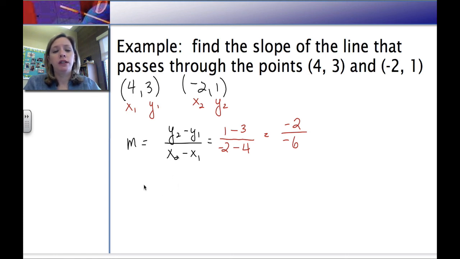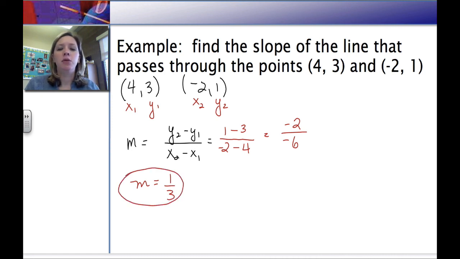Now we should check to see if we can reduce. Okay, we always want to check and see if we can reduce our slope. So the first thing we're going to look at is a negative divided by a negative is a positive. So this slope is going to be positive. And then 2 over 6 reduces to 1/3. So the slope of this line is going to be 1/3.